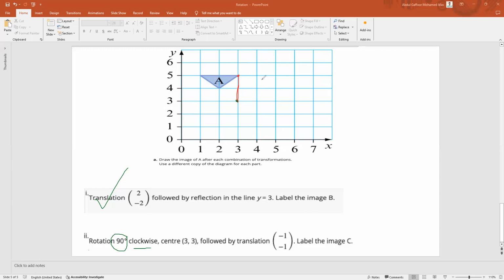This line is rotating, so if I rotate it 90 degrees clockwise, it will come here. Now this point has come here.